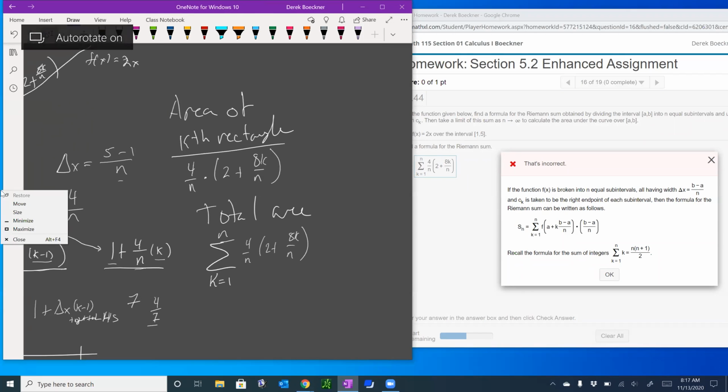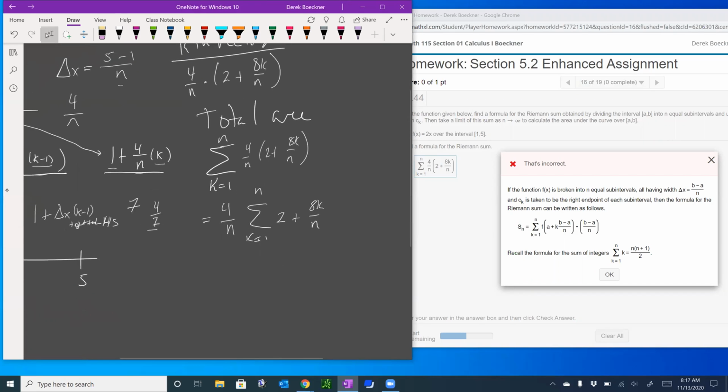Okay. So what can I do with this? Well, I can pull 4 over n outside. And then I've got a 2, and I've got a plus 8k over n.